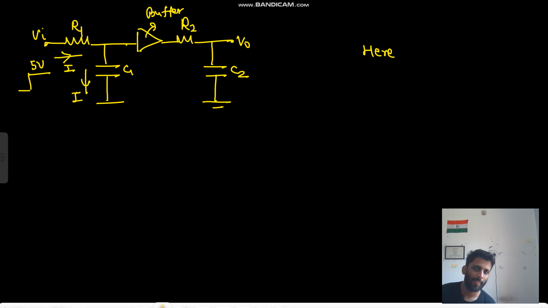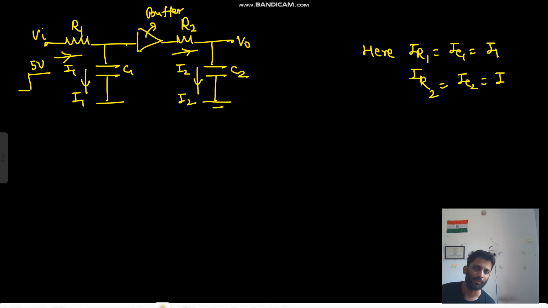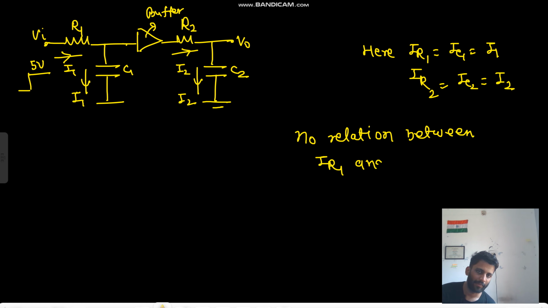Here IR1 is equal to IC1 is equal to I1. And this I2 current is also the same: IR2 is equal to IC2 is equal to I2. No relation between IR1 and IR2.